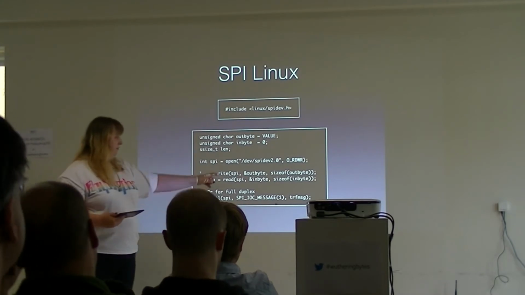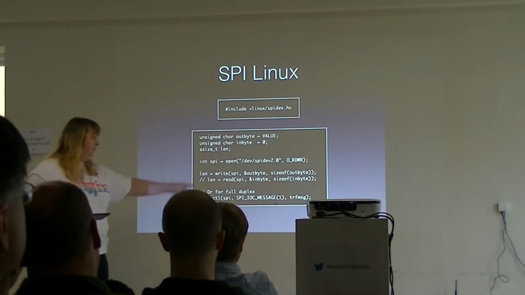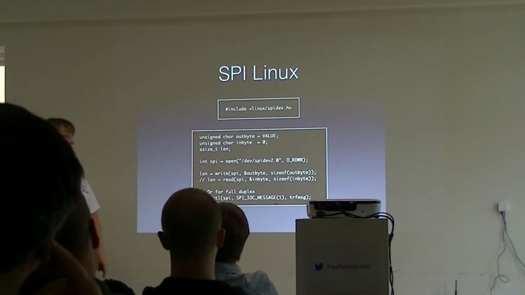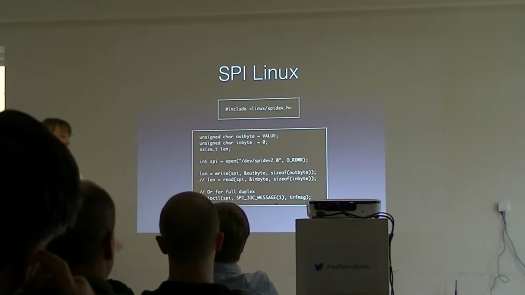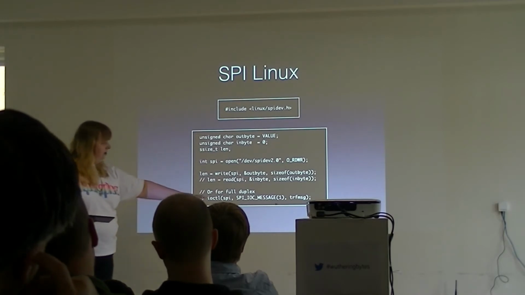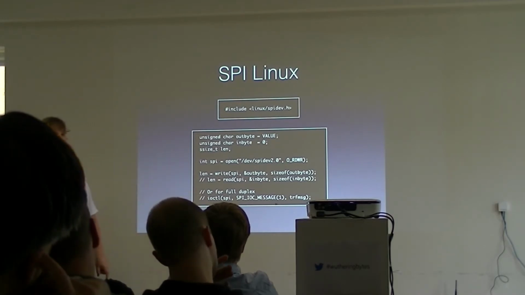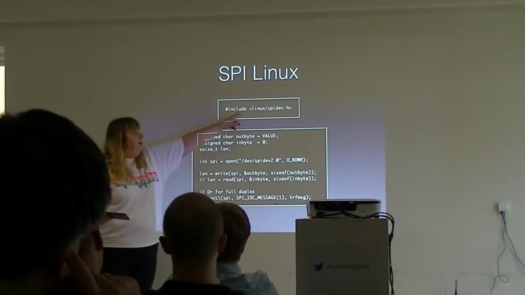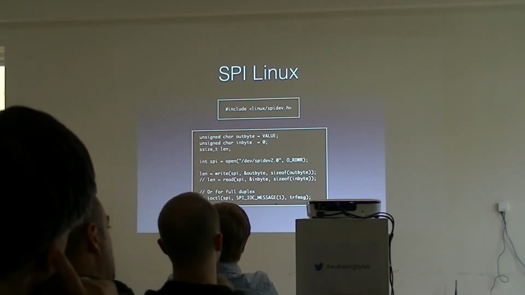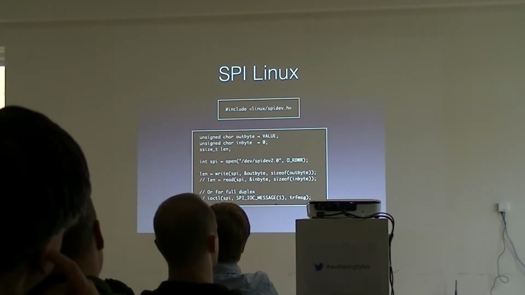And then we write the data we want to write, or we read the data we want to read. Unfortunately, if you want to do it simultaneously, you have to start using some low-level ioctl stuff in C. But that's the header, and the documentation's in the kernel source.